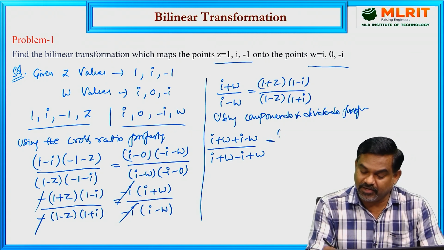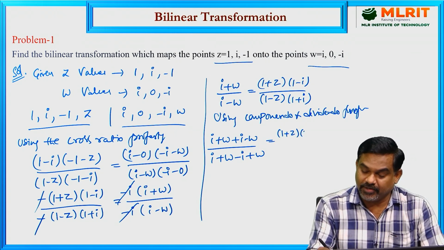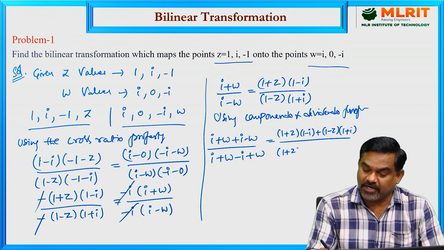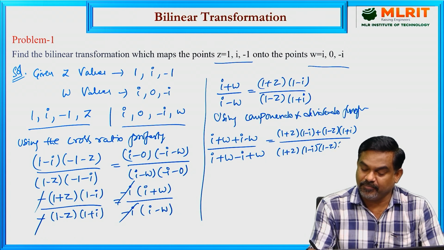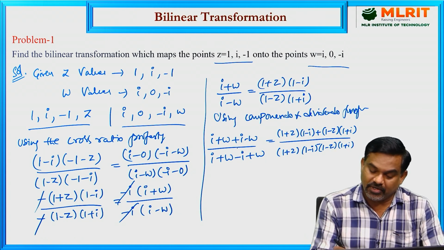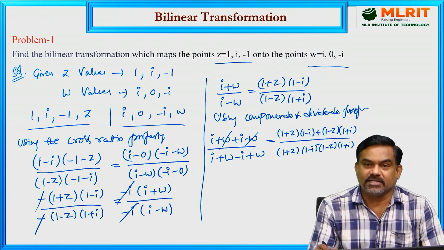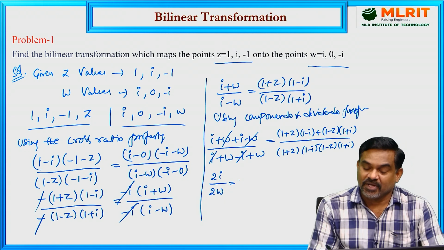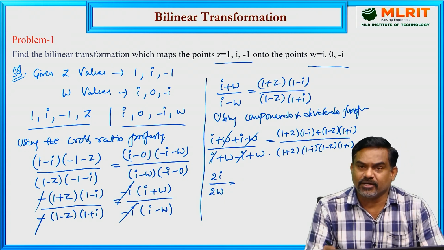The same thing here: (1 + z)(1 − i) + (1 − z)(1 + i), divided by (1 + z)(1 − i) − (1 − z)(1 + i). So here in the numerator w gets cancelled, in the denominator i gets cancelled. So 2i/2w is equal to, now we need to simplify the numerator and denominator.